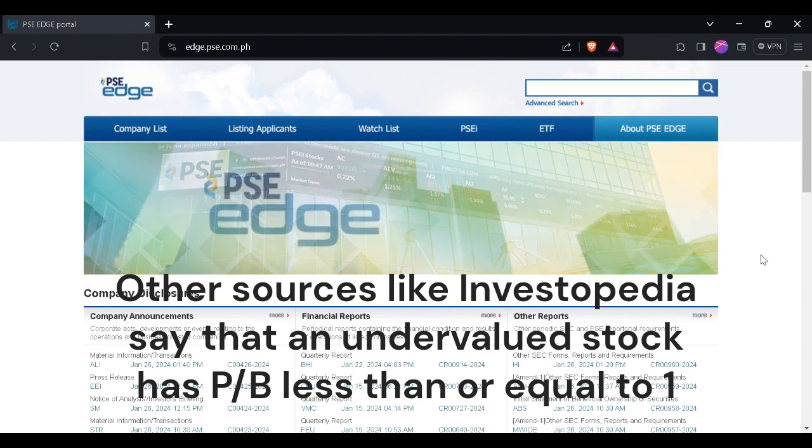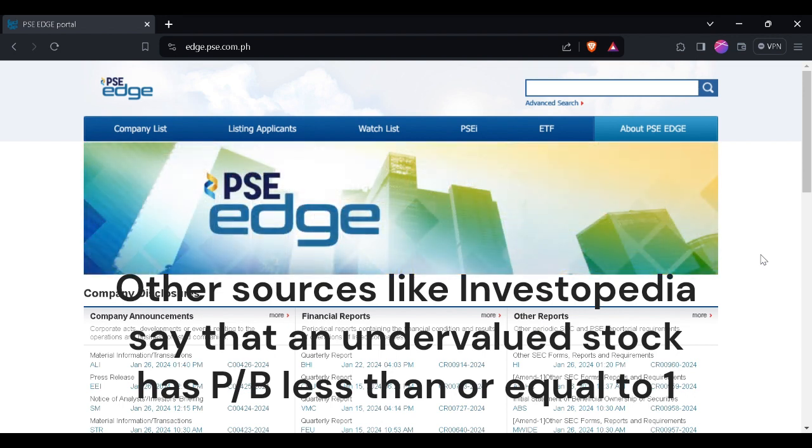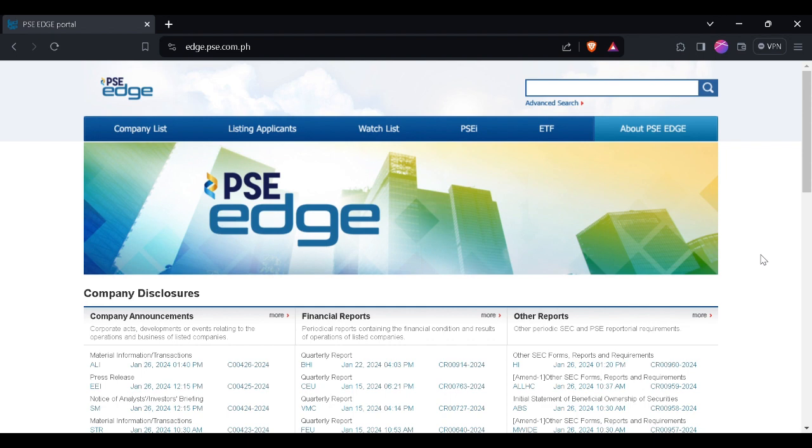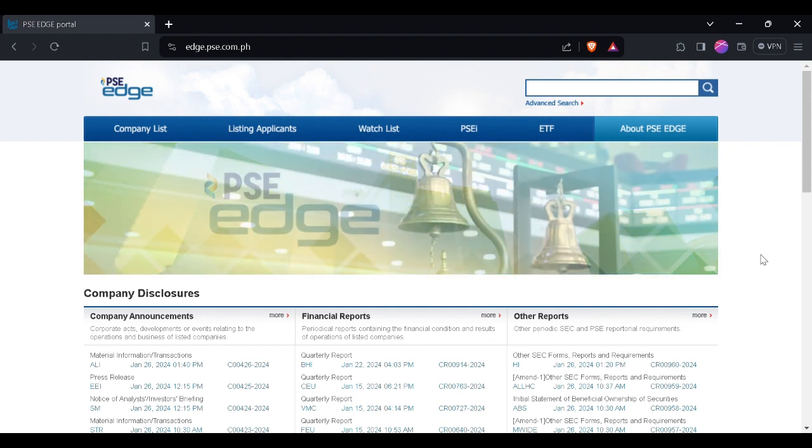If it's higher than 1, it is overvalued. So that's what the reference sites are saying.